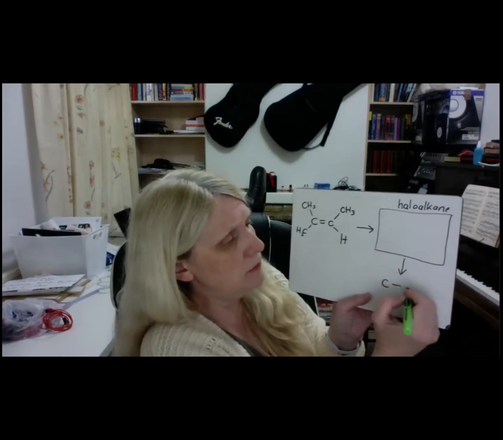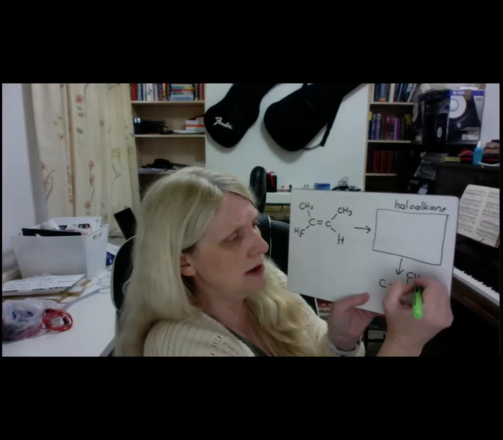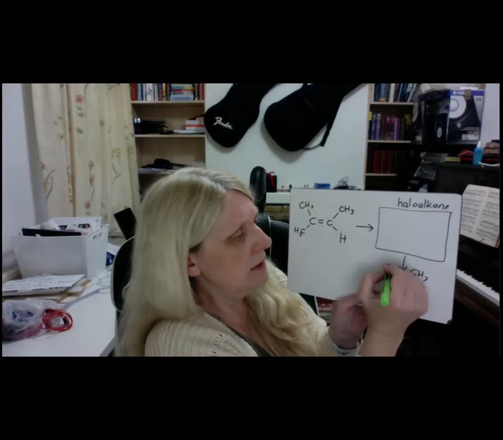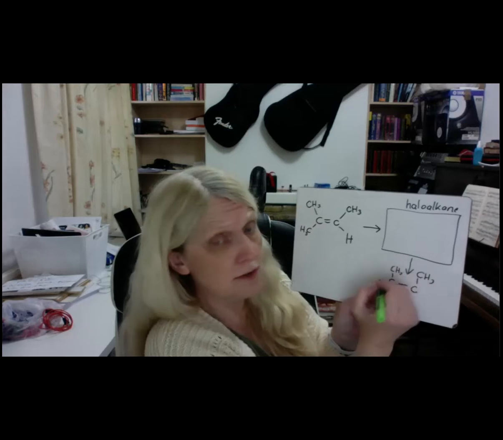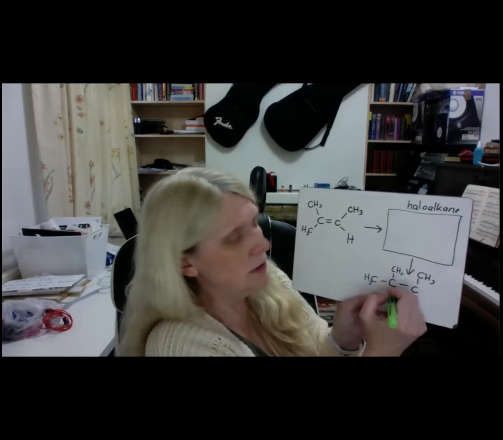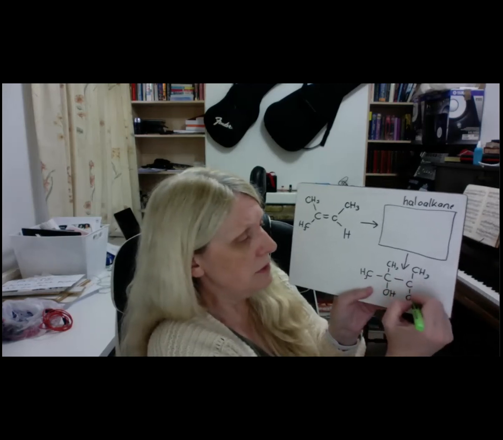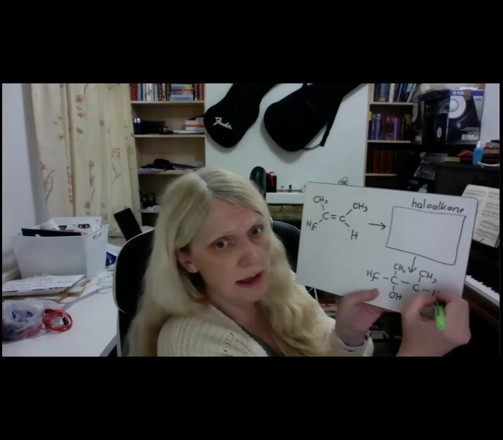Now, before we do this, we need to have a look at my alcohol a little bit more closely. Okay, so these are tricky questions and they take a little bit of getting used to, which is why I'm doing it with you rather than you doing it by yourself. Okay, so here we go. Here's my alcohol.